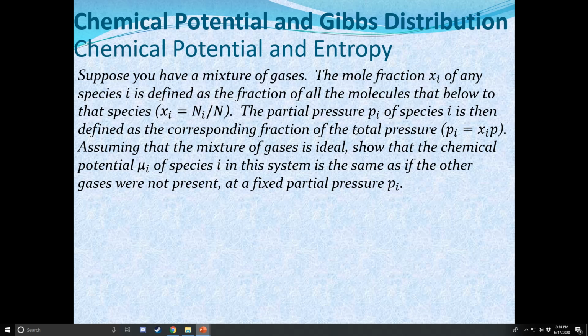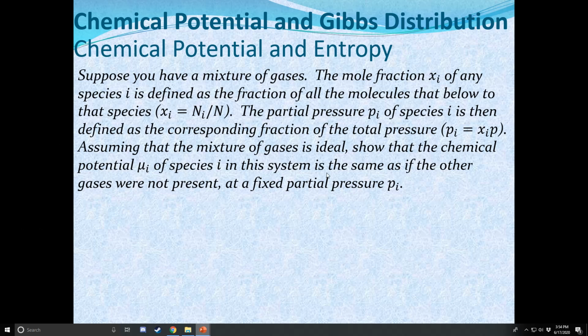Something you probably should have learned in previous physics and thermal classes is that when you have a gas mixture composed of different chemicals or elements, the total pressure is the sum of all the individual pressures, or partial pressures. So that's what this is saying here.